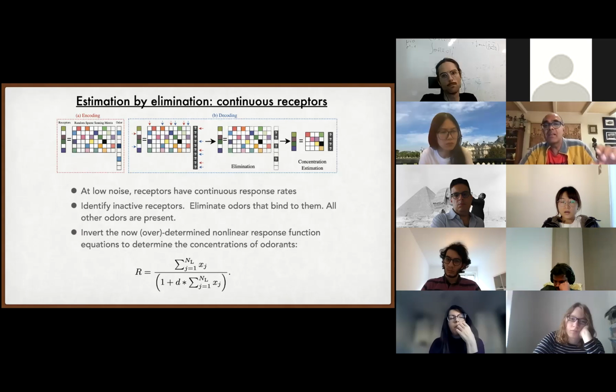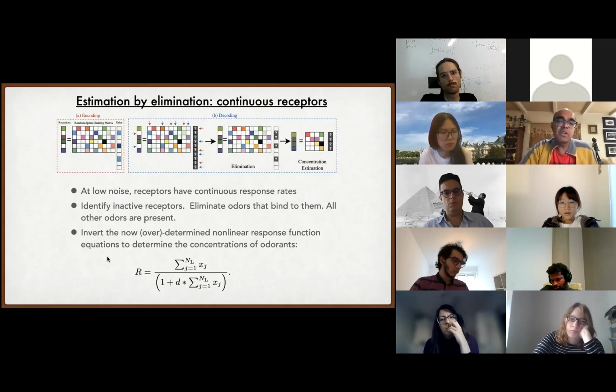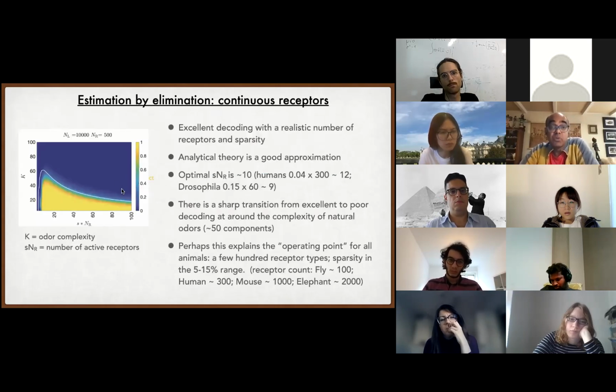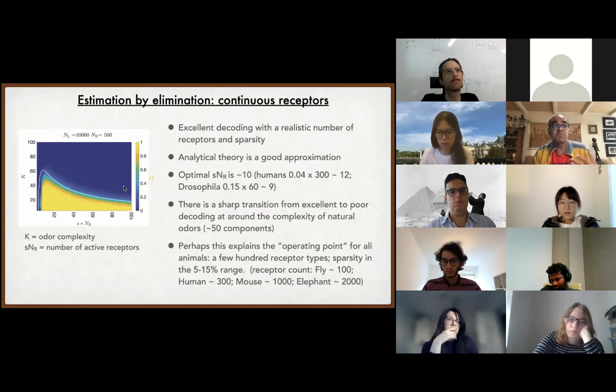So once you've done that, the ill-defined or undetermined decoding problem becomes a well-defined decoding problem, and then you can use the actual response functions to figure out the concentrations. So just to justify that this works, you can now do this using realistic numbers of receptors and realistic sparsity, and what you find is a picture like this.